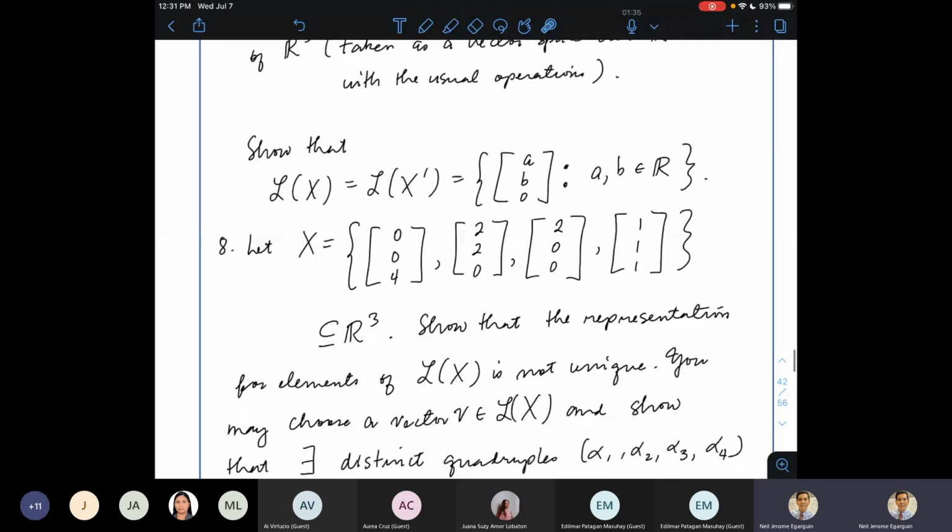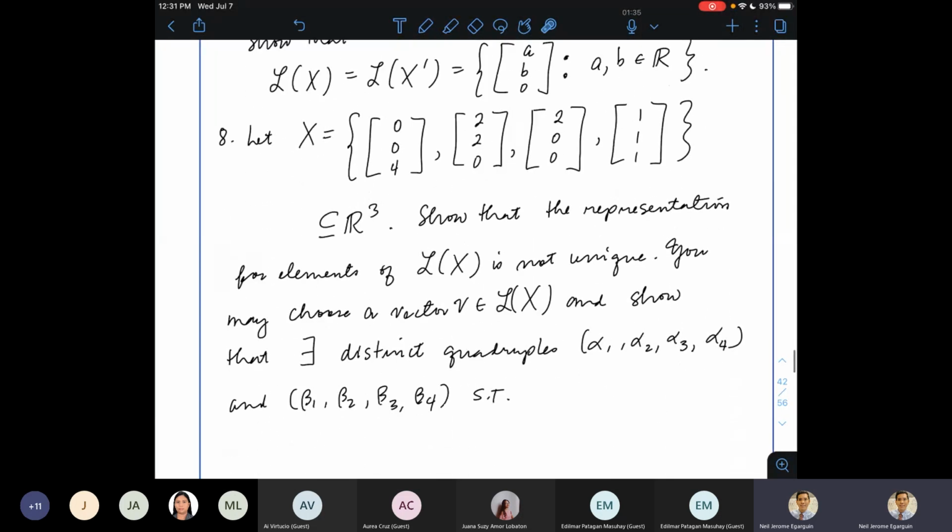Example 8. This is another nice illustration. It says here that ito yung non-empty set X natin, which is a subset of R3. And then we want to show that the representation for elements of L bracket X is not necessarily unique. That means we can find a vector that is a linear combination of the curly L of X, but the set of scalars used to generate them are different.